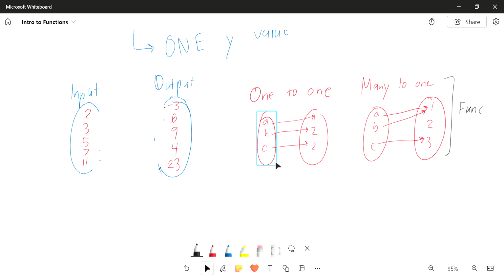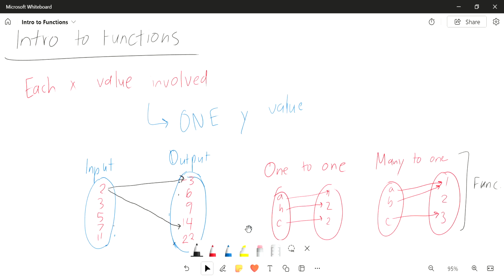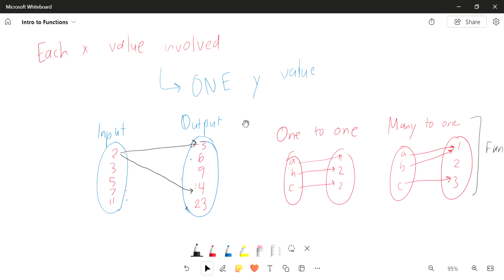But if you have one x value pointing to multiple y values, for example, if you have 2 pointing to both 14 and -3, that's not a function because each x value or each input can only have one output. In this case, your one input has two different outputs.